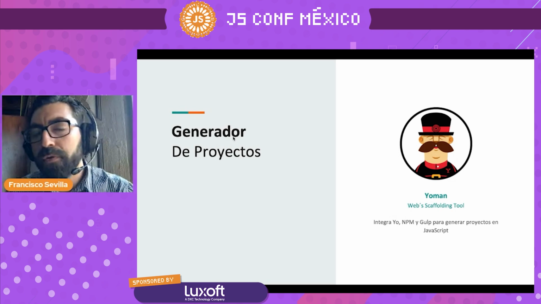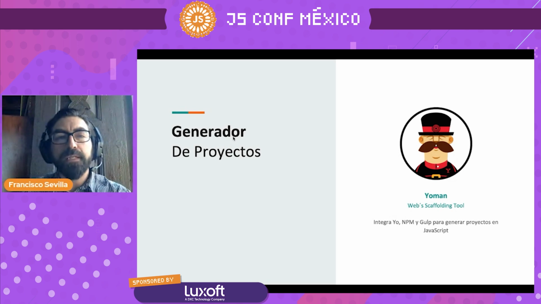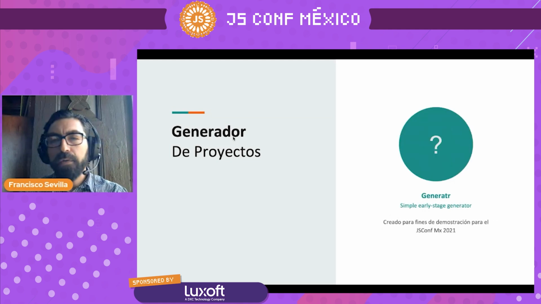An example, which is very popular and most used, is Yeoman. This is a tool to create the scaffolding of a project, and it allows us to integrate npm, gulp, and this is what defines the initial scaffolding. But what we're going to do is a little demo here with a tool that was created for demo purposes.